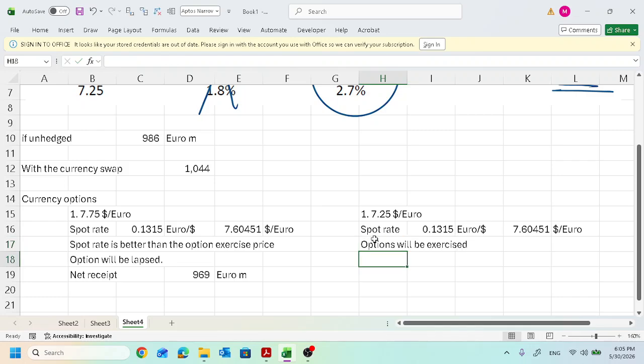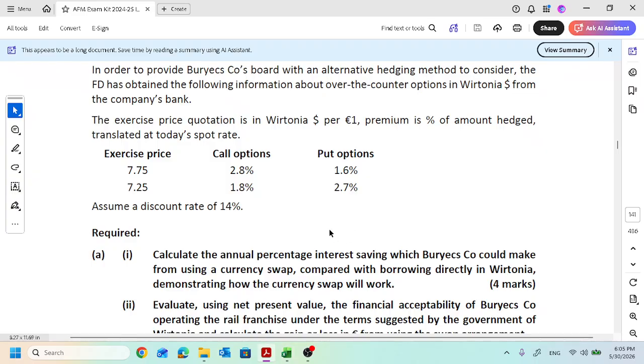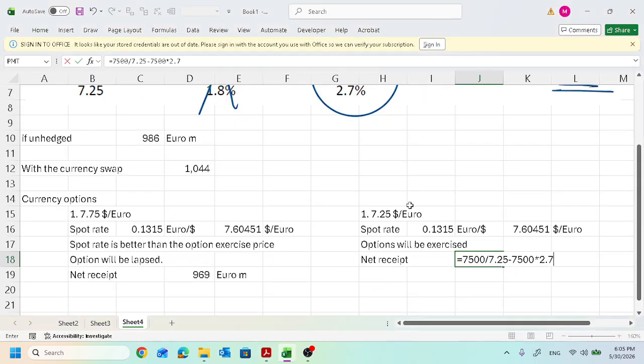So how much will you receive? Net receipt: $7,500 million. You're going to use the option, so divide by 7.25. This will be the euros minus the premium you paid. 7,500 multiplied by the premium, which is 2.7%, at the initial spot rate.